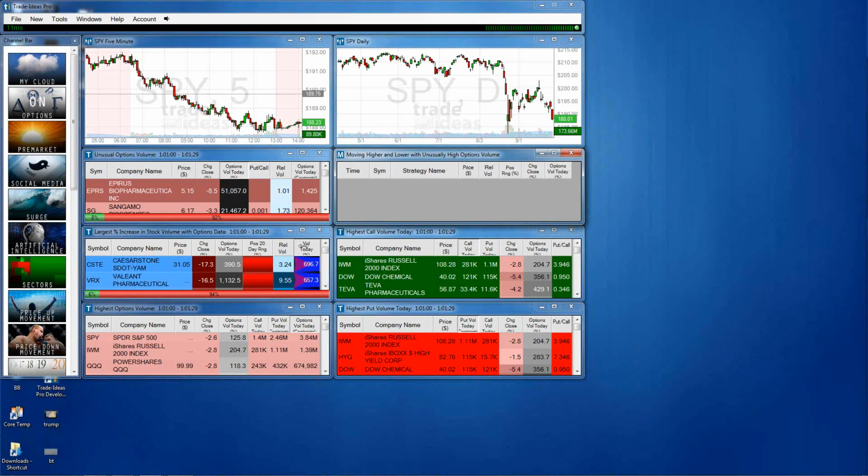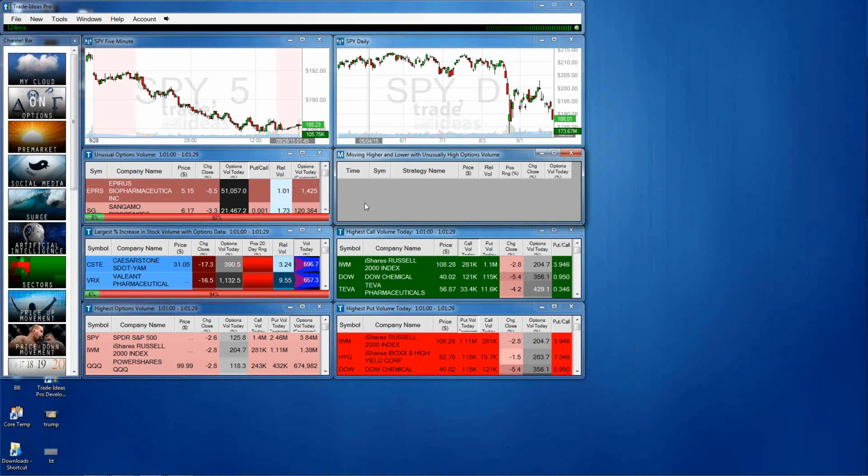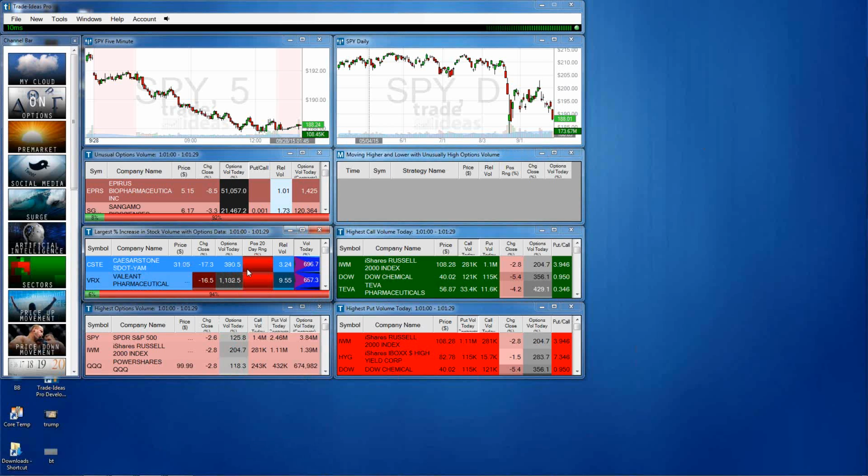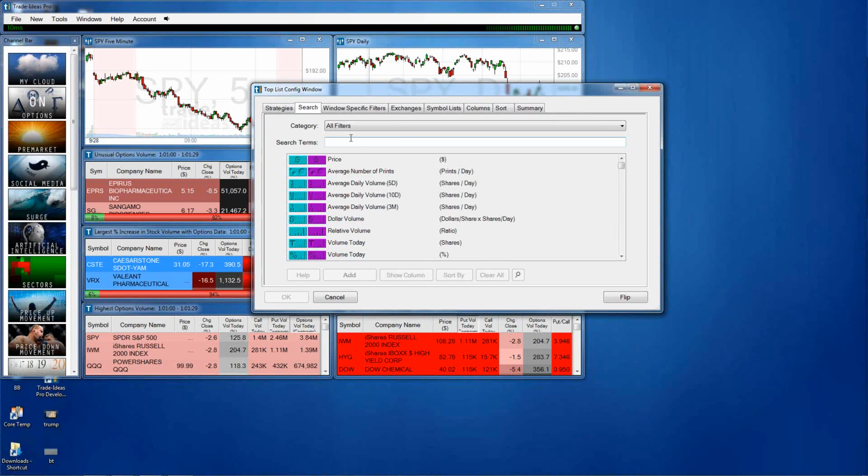And here we are presented with, not including the charts, 6 different windows. If we were an options trader, whereas when we're dealing with stocks there are a lot of metrics to deal with, when we're dealing with the options filters, one second here, and I will show everybody the options filters that we do have currently.